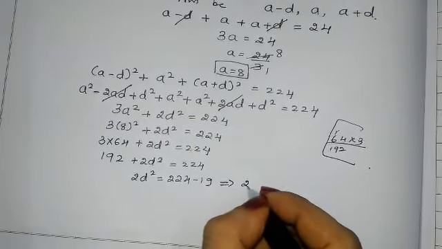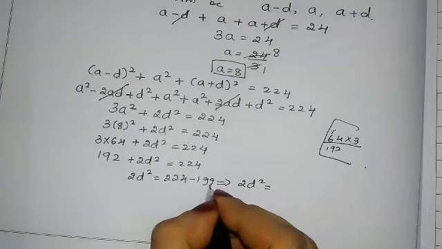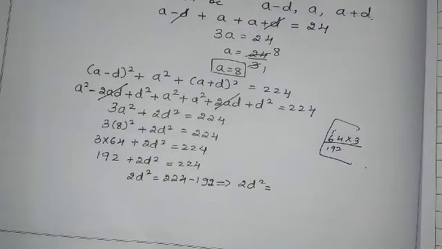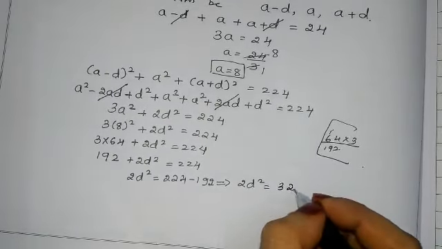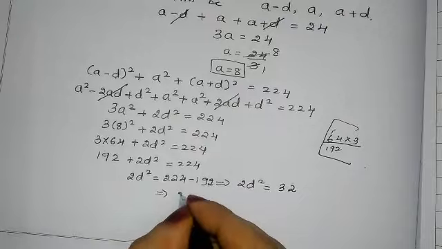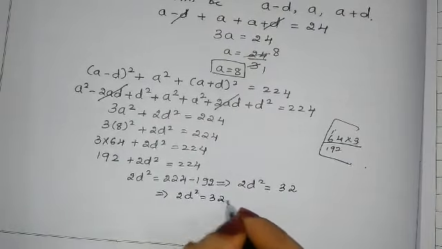That is 2D square is equal to 224 minus 192, which is nothing but 32. So we got over here 2D square is equal to 32.